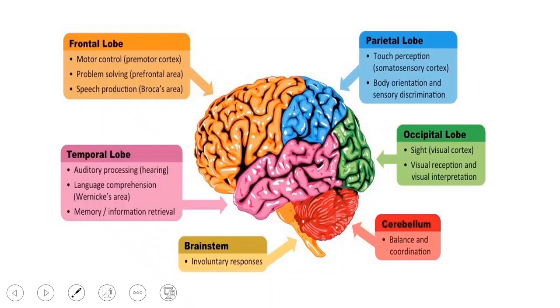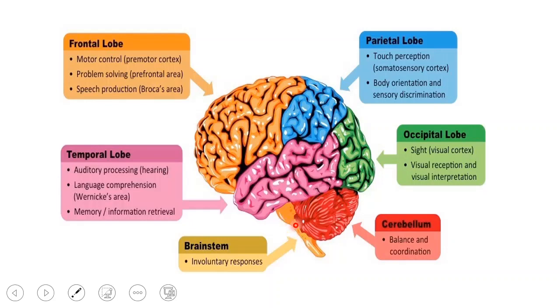The brainstem is the posterior part of the brain that connects the spinal cord and relays signals to and from the body. So the brain and the spinal cord are connected through the brainstem. The brainstem includes the pons, the medulla oblongata, often referred to as the medulla, and the midbrain.